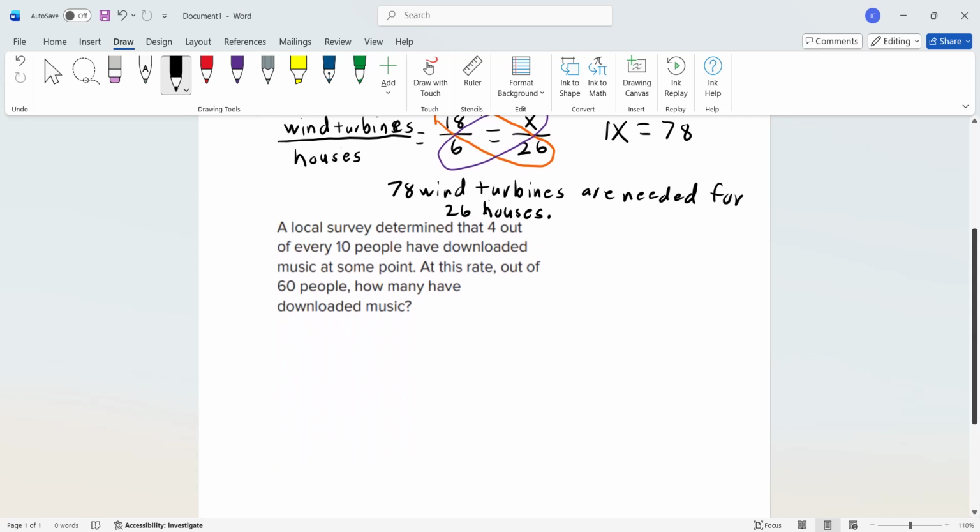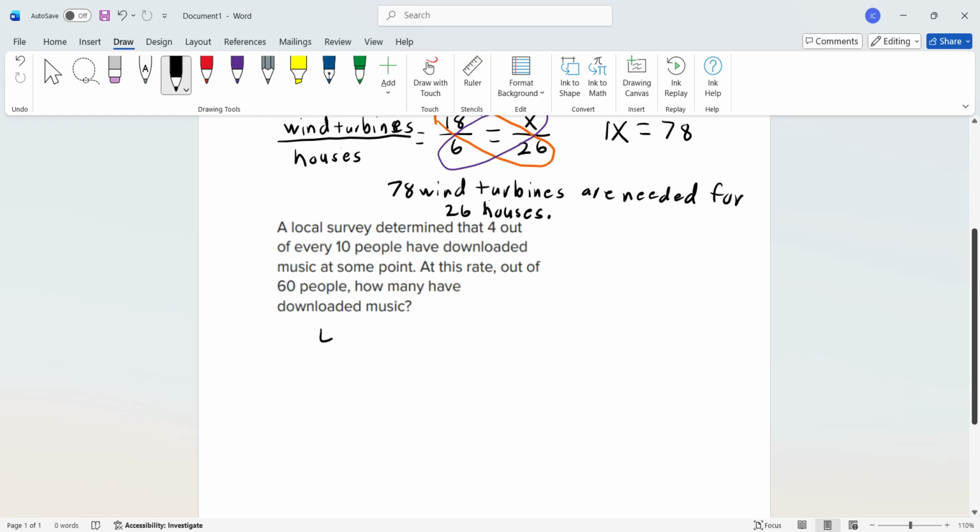It says a local survey determined that 4 out of every 10 people have downloaded music at some point. At this rate, out of 60 people, how many have downloaded music? So the first thing I have to ask is, what's my first proportion? Well, I'm looking at 4 out of 10 people have downloaded music.